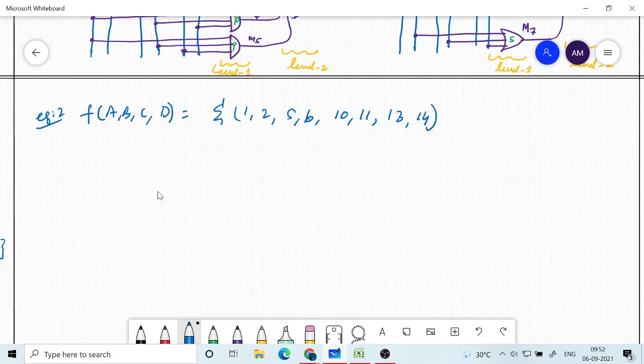This is what is given. If you want, let's put more terms, 15 also. So this f is given.